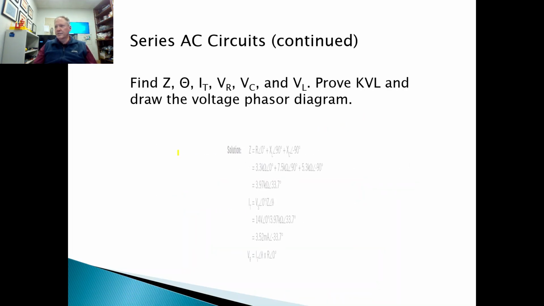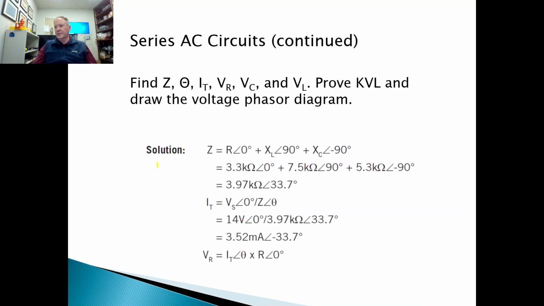So this just shows all of it. Again, you start with Z by saying your 3.3 kilo ohm resistor at 0 degrees plus a 7.5 K inductive reactance across the inductor at 90 degrees plus the 5.3 K at negative 90, which is the X of C, and that comes out to 3.9 K at 33.7.